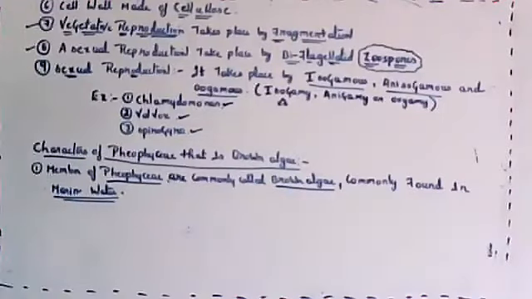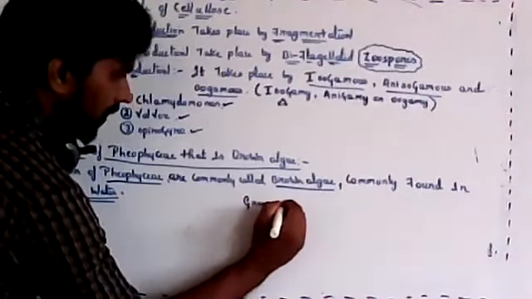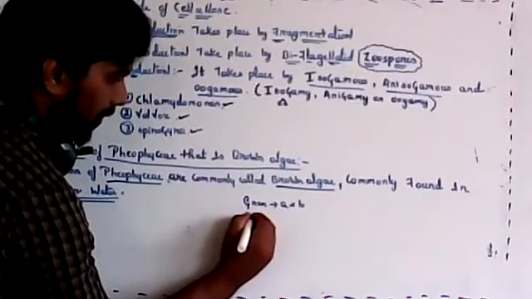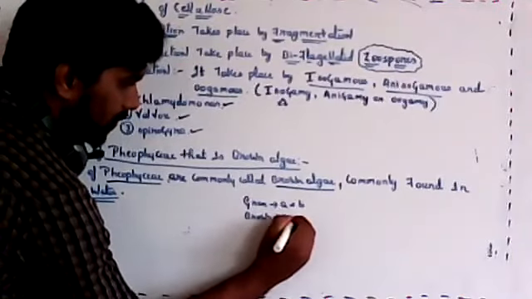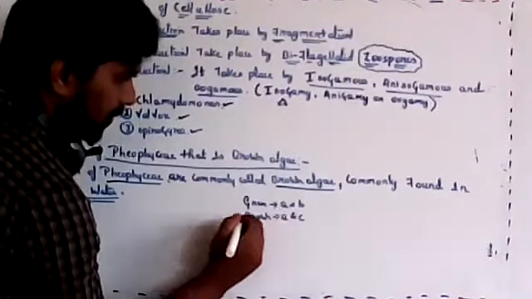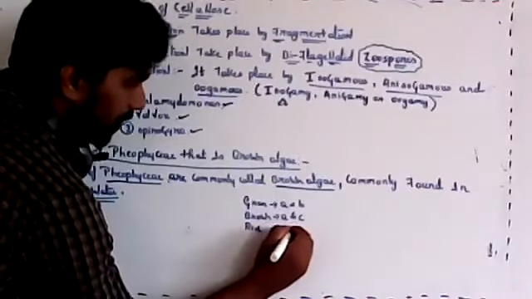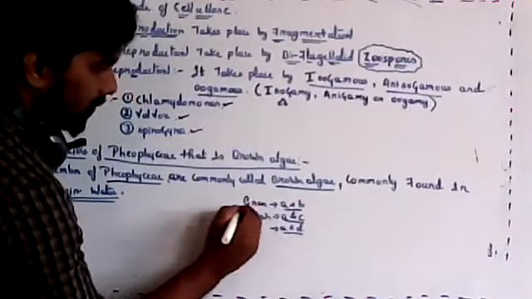And that brown color is usually because of the pigment. So they have a pigment. Green algae pigment is A and B, chlorophyll A and B. Brown algae pigment is A and C. In red algae, pigment is A and D. Because of different kinds of pigment, they have different colors.